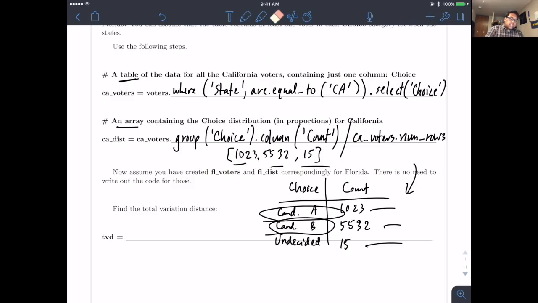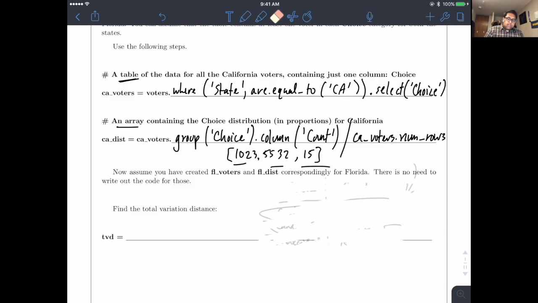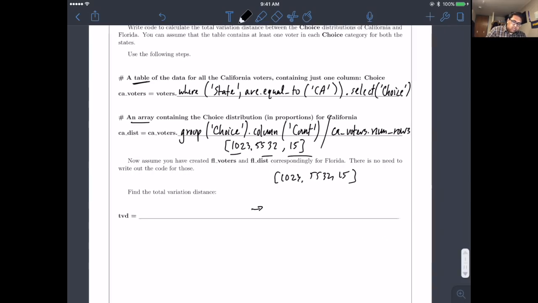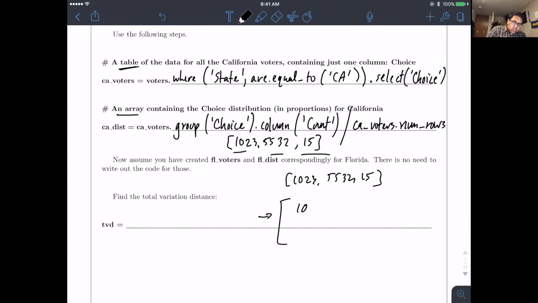So this is essentially, instead of setting our values to 10, 23, 55, 32, and 15, it's setting them equal to 1023 over 1023 plus 5532 plus 15, and then 5532 over the same sum.